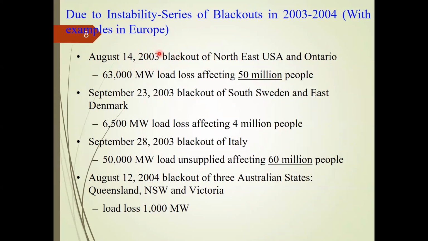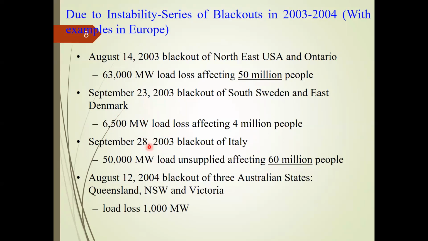In 2003, on August 14, it was in the northeast of USA and Ontario, with this much load affected and this many people. In the same year, on 23rd September, in southern Sweden and eastern Denmark, there was 6,500 megawatt of load loss.